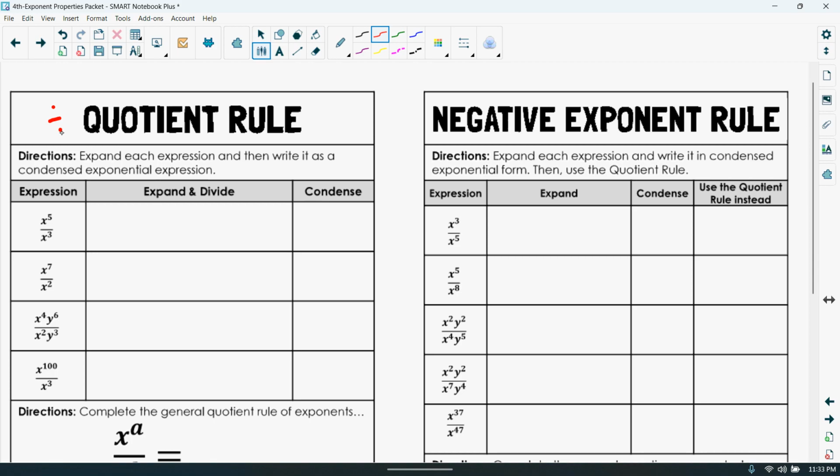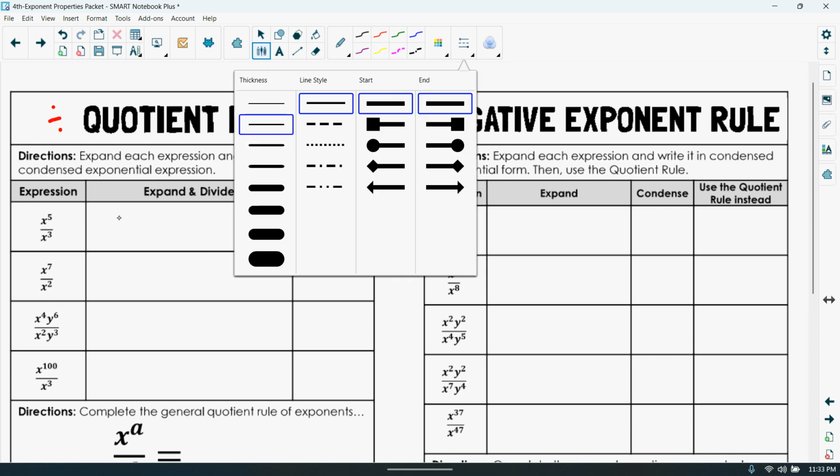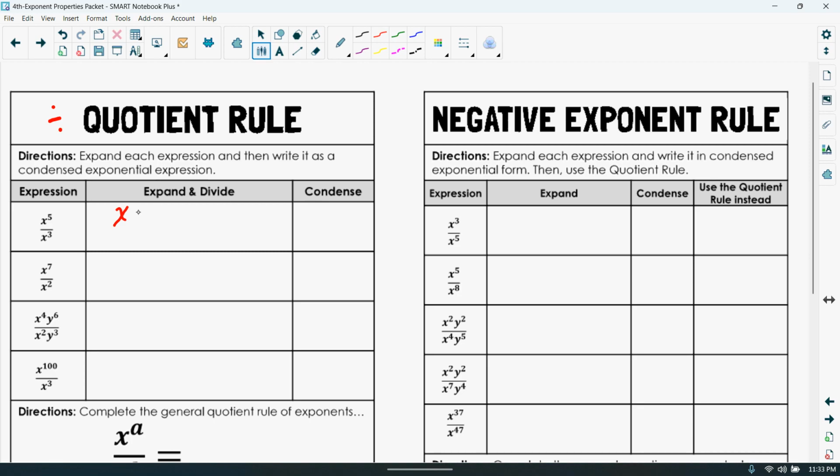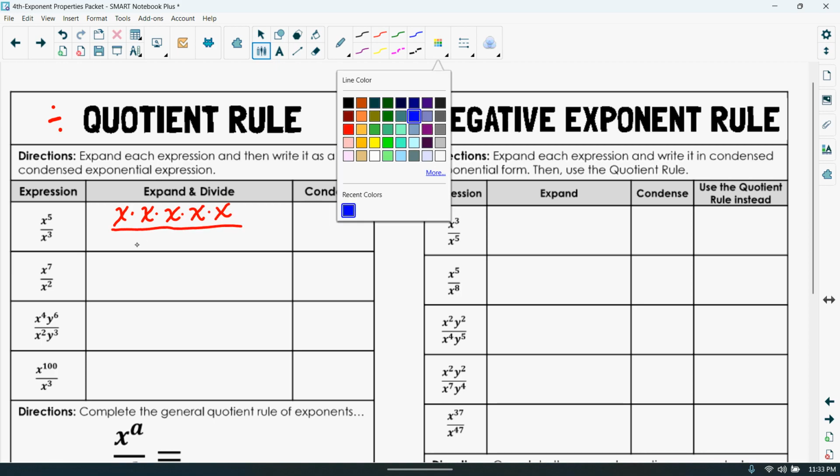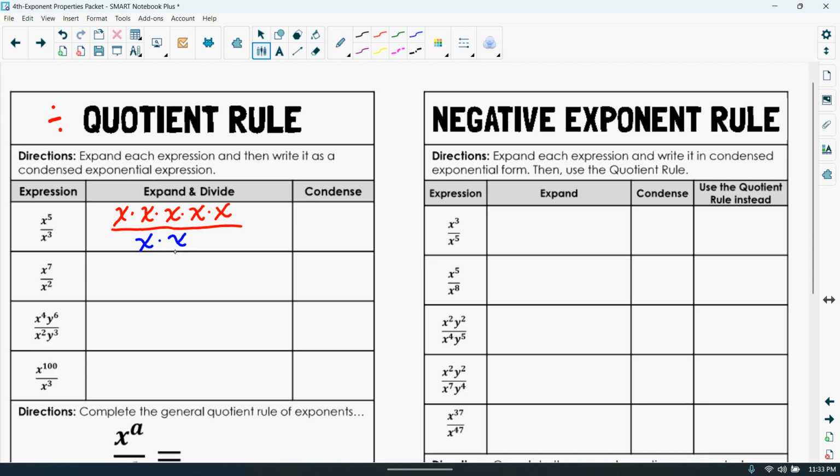So remember, x is our base, the 5 is the exponent. So this lets us know how many factors we have of our numerator. There are 5 factors of x here, and that is all over 3 factors of x.